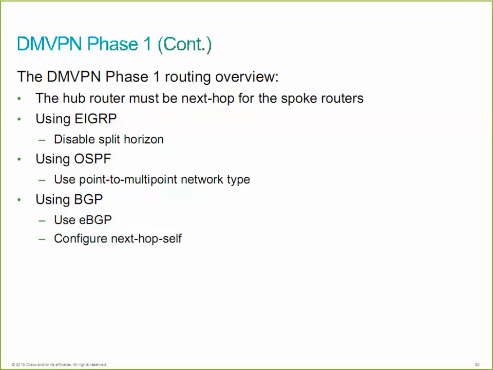What if I use BGP as my routing protocol for my DMVPN network? We know that we can implement BGP in two different ways. We can implement it as eBGP, or we can implement it as iBGP. The problem you run into with iBGP is that it never announces prefixes that are received through another iBGP peer.